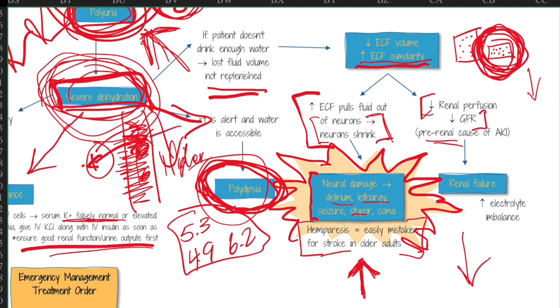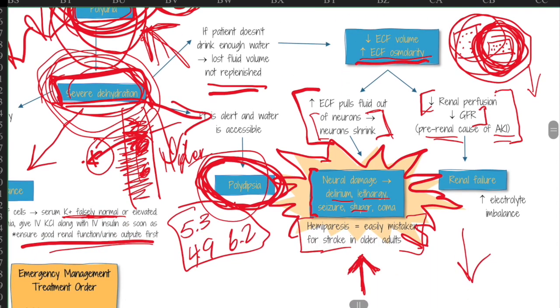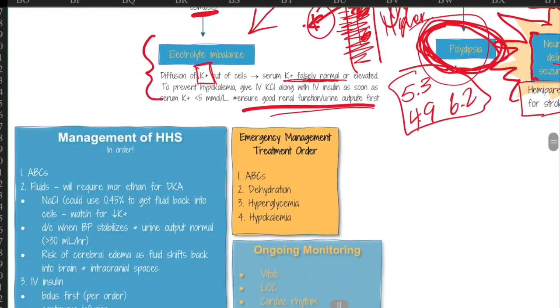And it becomes a pre-renal cause of acute kidney injury, meaning because of the dehydration and what have you, the kidney is not being perfused, but it's also being used like crazy because of all this polyuria, right? And so someone will go into renal failure very, very quickly. And of course, you're going to have an increase in your electrolyte imbalance.